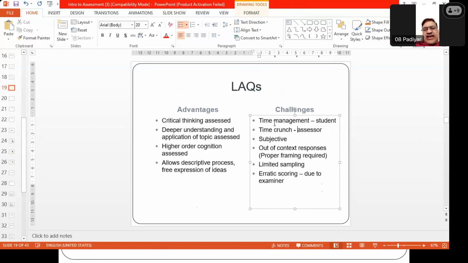So the examiner tends to not read the entire thing, but just goes on the overall flow of the answer and then just allots marks. Okay.